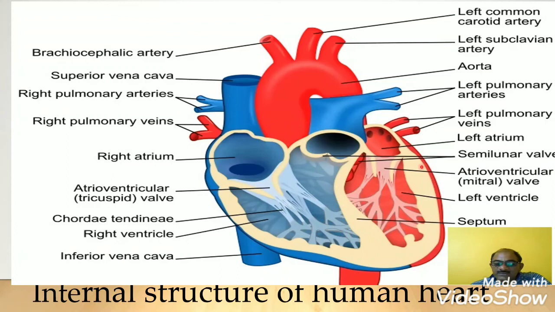the inner surface of this ventricle shows several ridges. The inner surface of the ventricle shows several ridges, and those ridges are called columnae carneae or trabeculae, and the columnae carneae or trabeculae are present in that region particularly, as well as modified Purkinje fibers are also present for ventricular contraction.